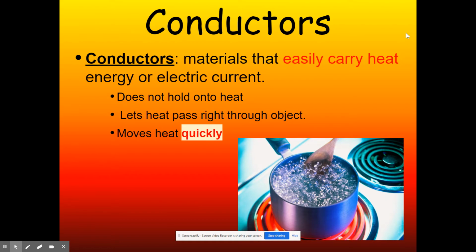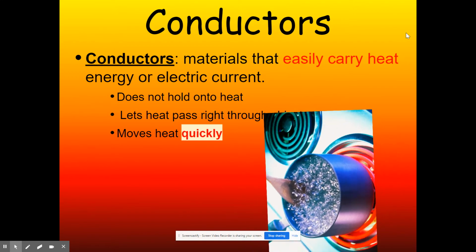So conductors are just materials that allow heat to pass through quickly. So when we're looking at conductive materials, they heat up really quick and they cool down really quick because the material just allows that heat to move through.